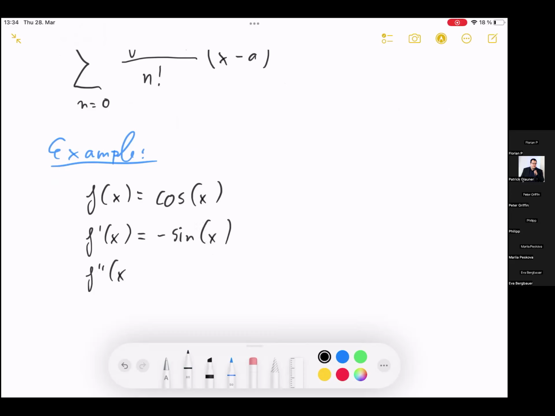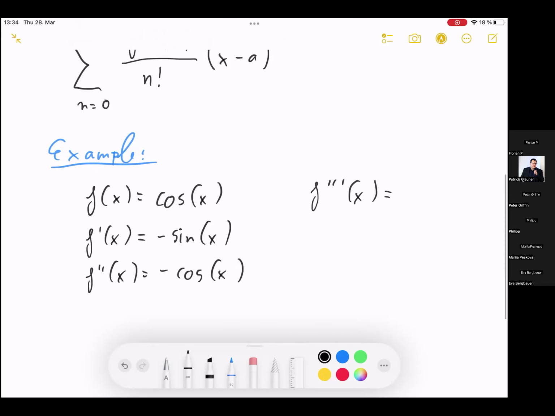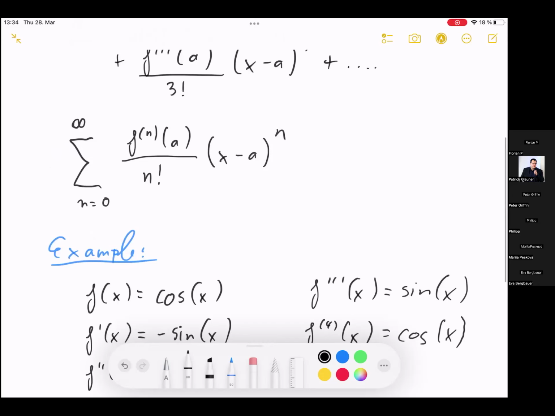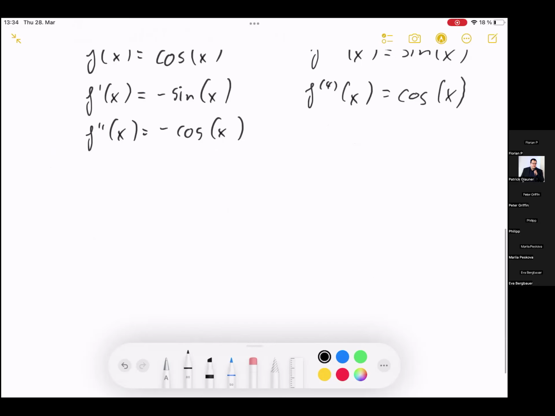The second order derivative is minus cosine of x. The third order derivative is sine of x. And the fourth order derivative is cosine of x. And now we apply the Taylor approximation.